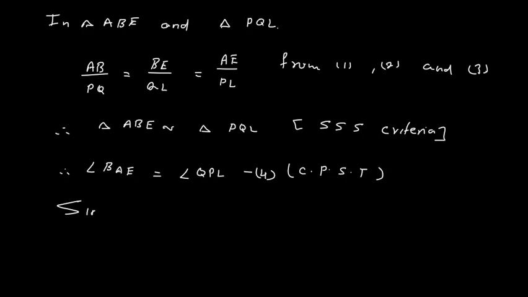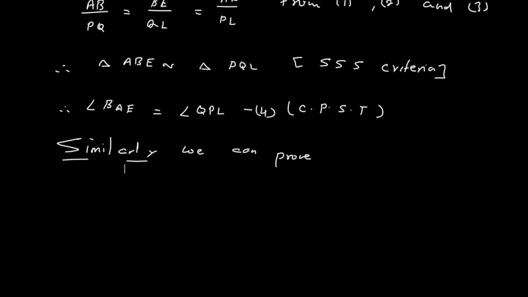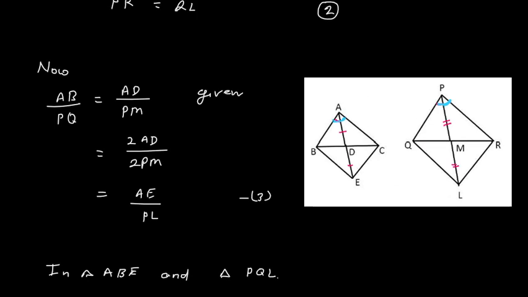Similarly, we can prove. This similarly statement is something like copy and paste in Word. Instead of writing everything, we are copying and pasting. So by using the word similarly, I need not repeat all these steps.